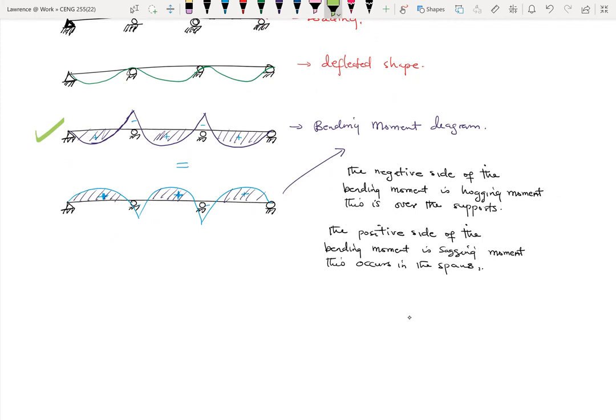Sagging means bending downwards, right? Whilst hogging means bending upwards. So if you draw it with my idea, it gives you that visual experience of the sagging and the hogging. It doesn't make anything wrong, anyway. Then the hogging is what happens over the supports.